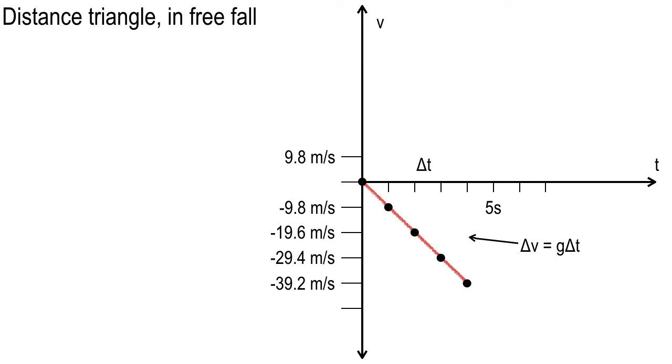You start from rest, and after 1 second of free fall, it's got 9.8 meters per second of downward speed. On this graph, that's negative 9.8 meters per second, below the time axis.